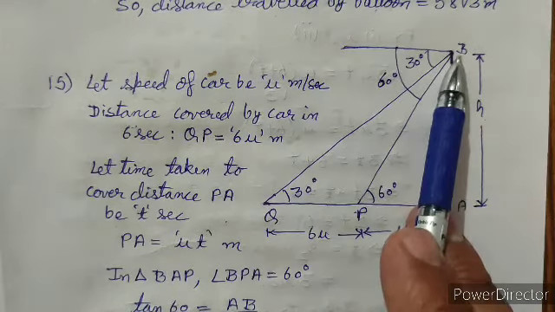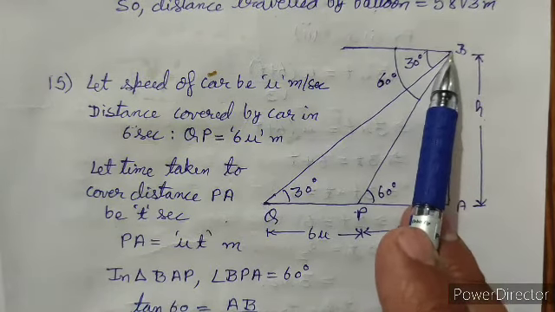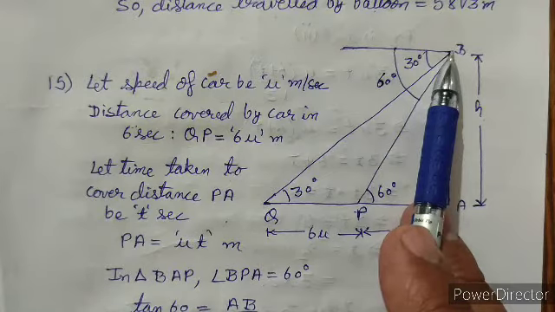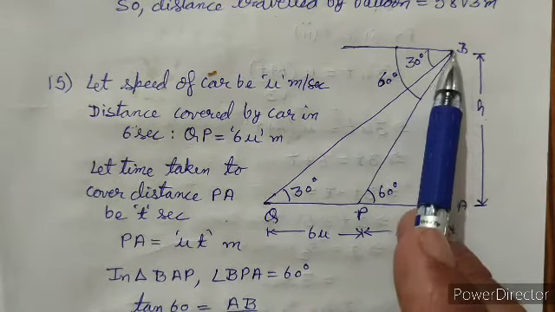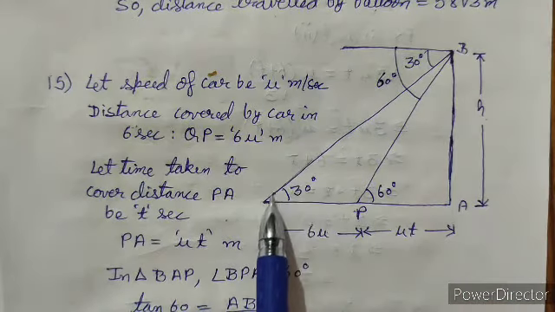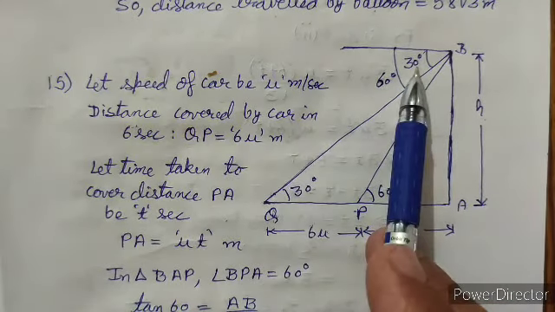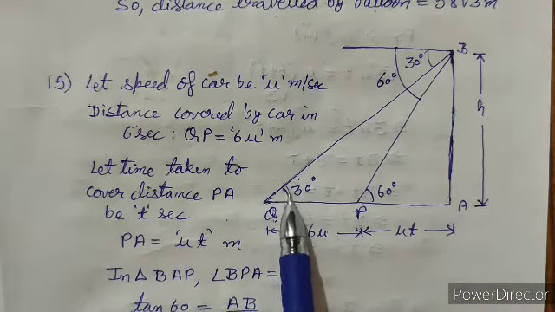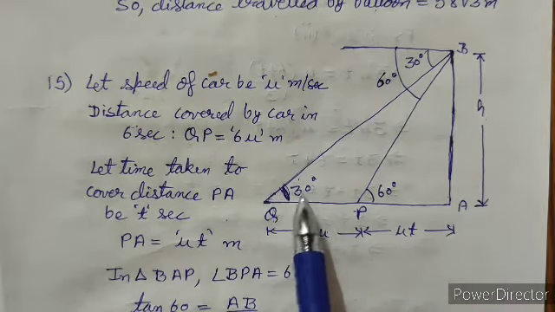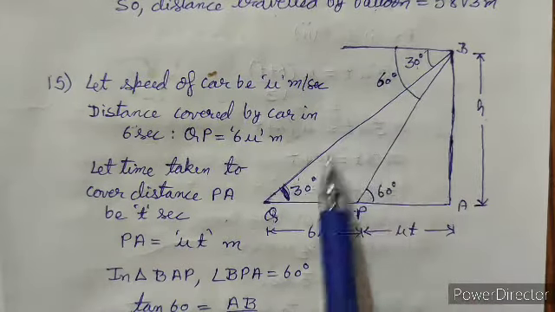Now the car is being observed from the point B. Suppose initially car was at point Q. So the angle of depression of Q from B is equal to 30 degree. That means BQA will be also equal to 30 degree, as these two angles are alternate interior angles.